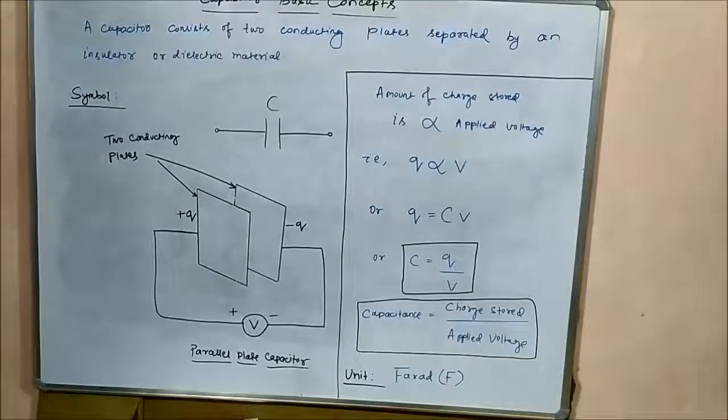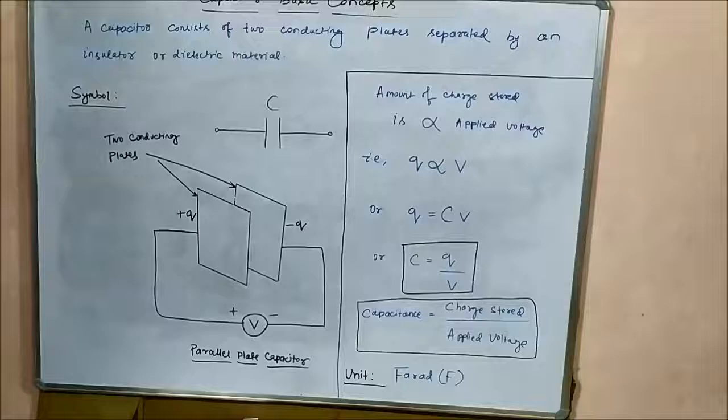In case of resistance, it was V equals IR. In case of inductance, it was V equals L di by dt. In case of capacitance, it is C equals Q by V. These are the three basic relationships involved in resistor, inductor and capacitor, which you should remember and know.